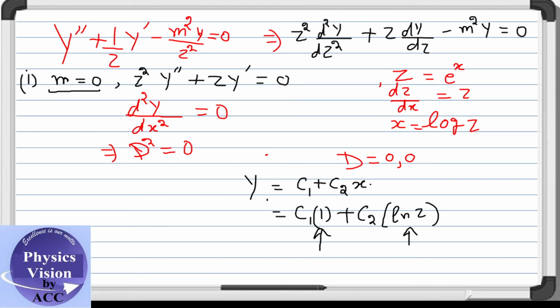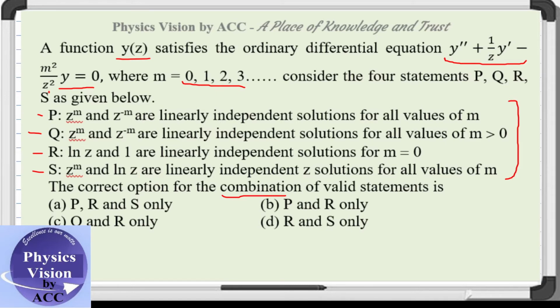Is this given anywhere? Yes, this is given as statement R. Statement R says log z and 1 are linearly independent solutions for m is equal to 0. So R is, for sure, correct. But it is given in all other options.